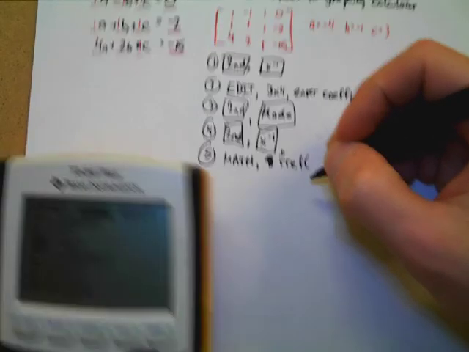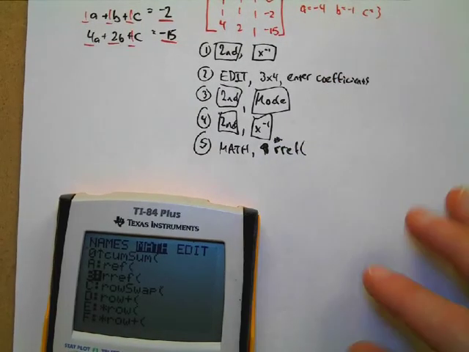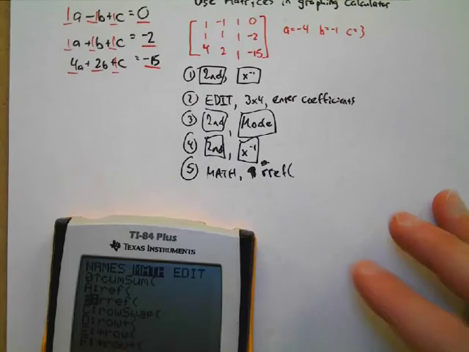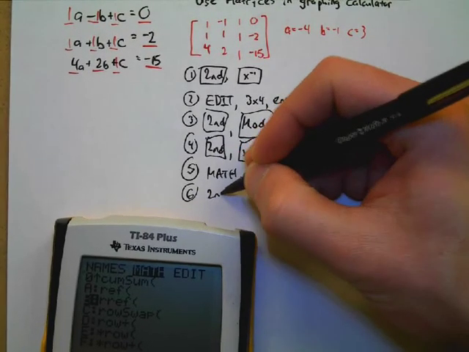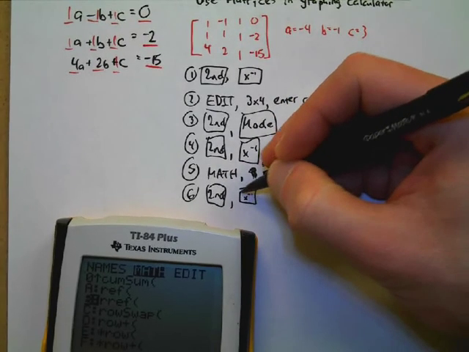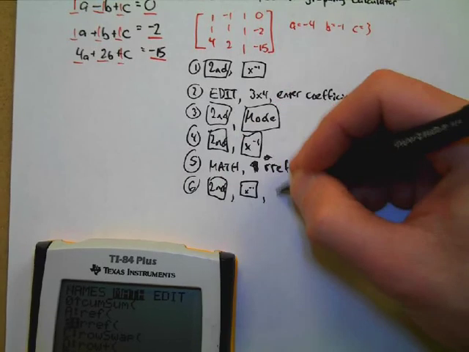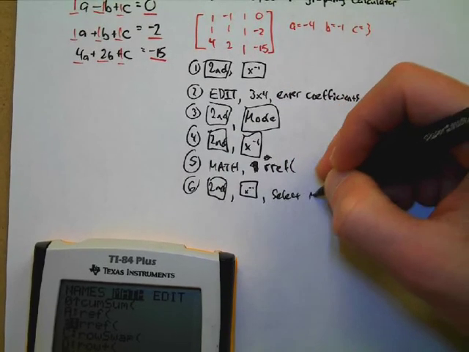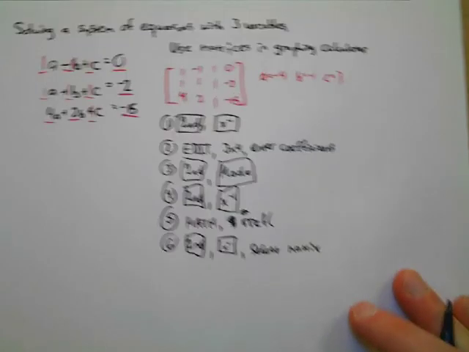Okay, is what you want, RREF. Okay, and then second X -1 one more time, and matrix A. Okay, you get your answers there. Okay, so there are all the commands too.